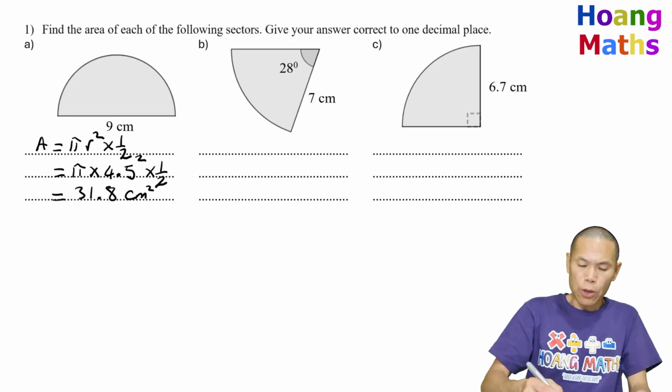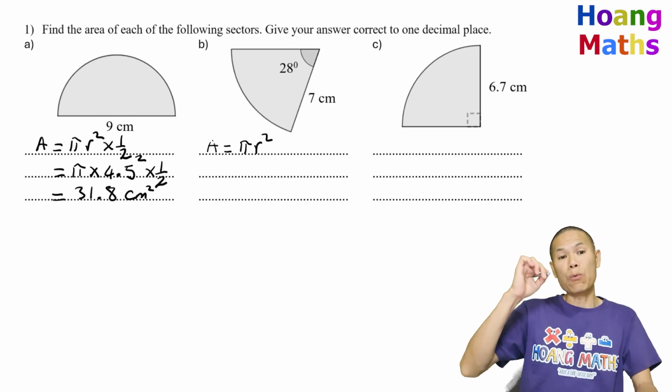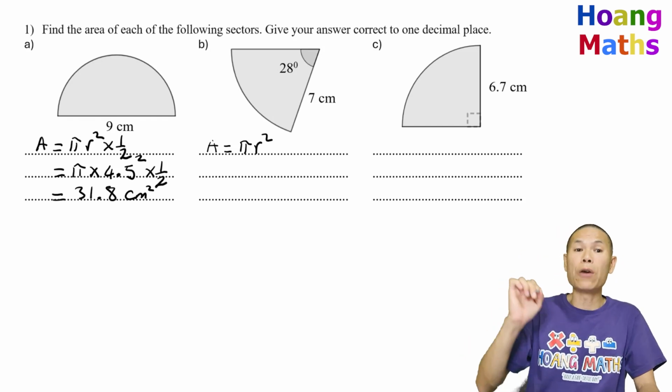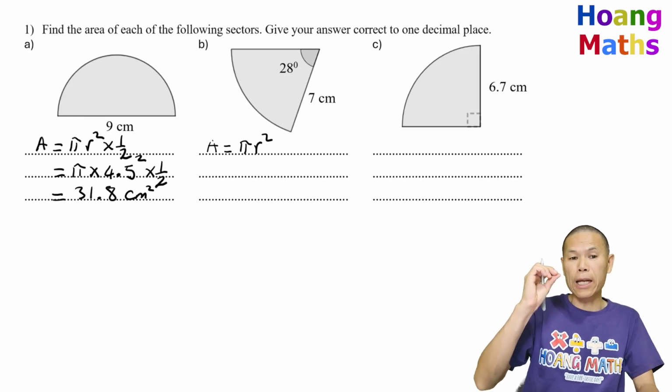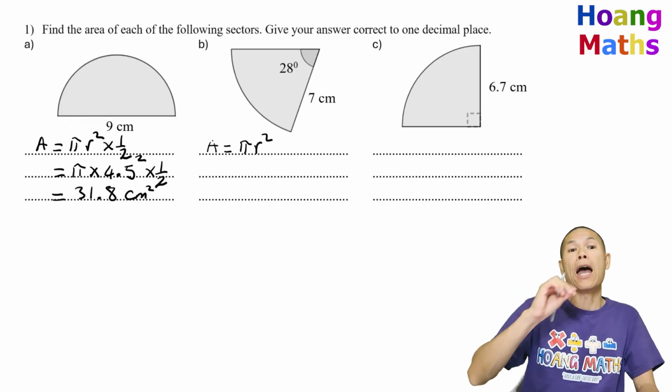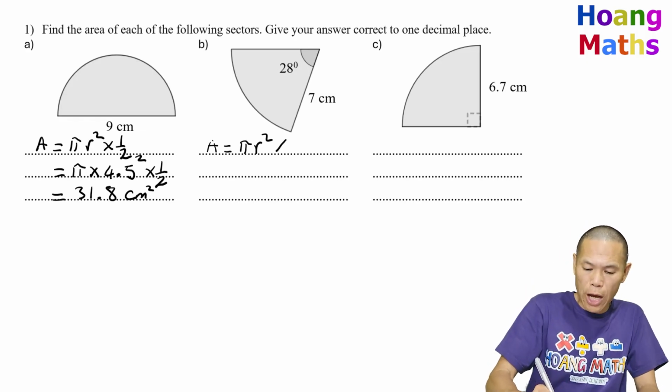Part B. So we know that the area of a circle is pi r squared, and that will give us the area of the whole circle, and we only need a fraction of it. That is 28 degrees out of 360 degrees. So we just need to times 28 degrees out of 360.